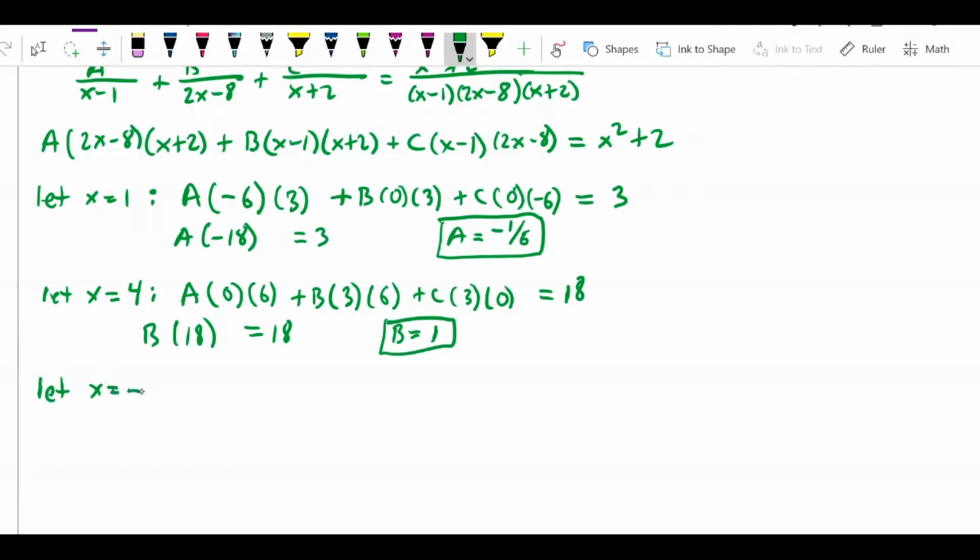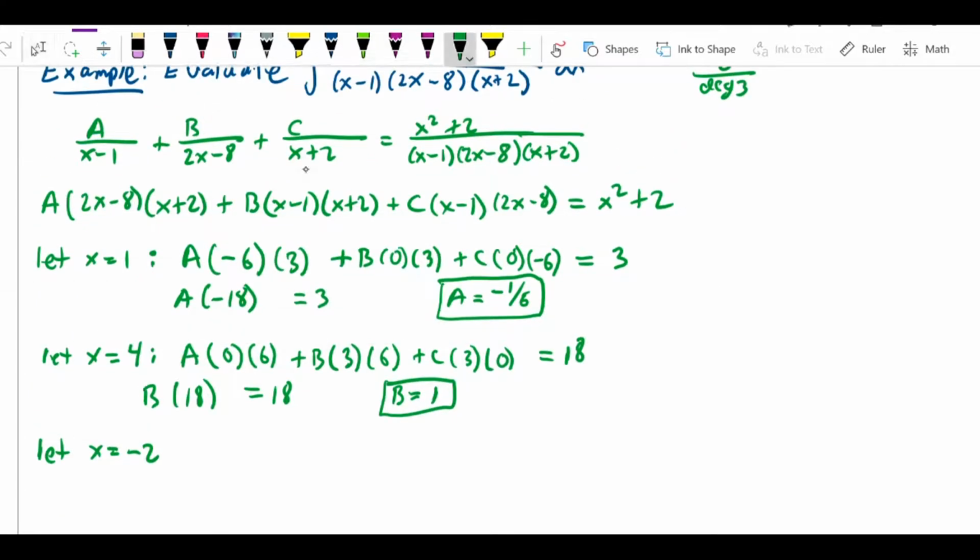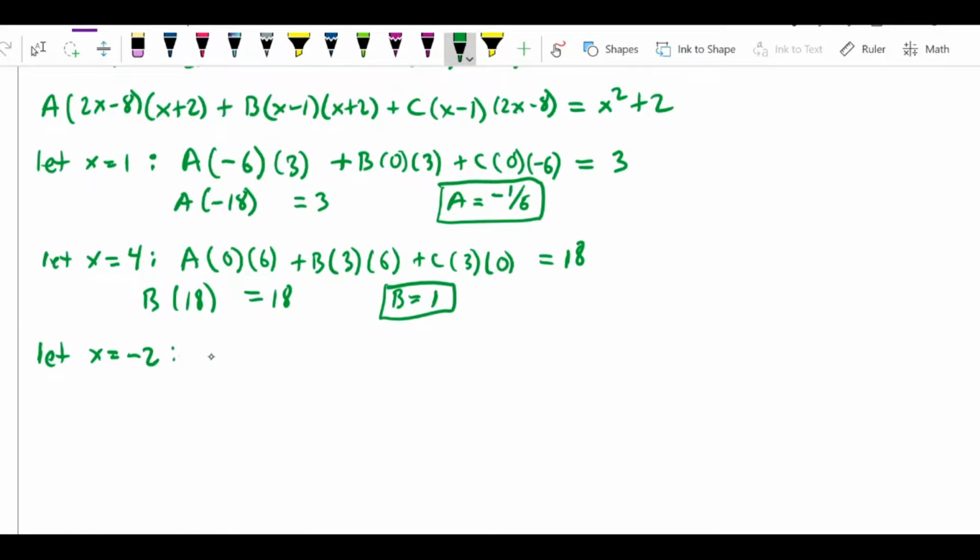Let's let x equal negative 2, because that's going to zero the x plus 2 term. So if I do that, since I have an x plus 2 term next to the a, it doesn't really matter what happens when I plug in negative 2 into the 2x minus 8, because the point is that I'm going to get 0 in the x plus 2 term. And same with the b term.